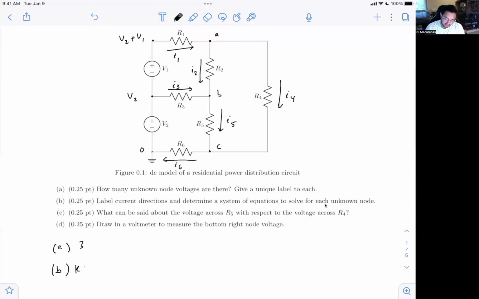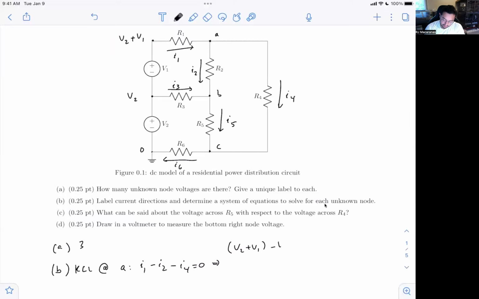So if I do a KCL at node A, I've got I1 coming in, I2 and I4 going out. So those will all add up to be 0. And if I expand out I1, so right, I1 is going from left to right here. And on the left, we have V2 plus V1.